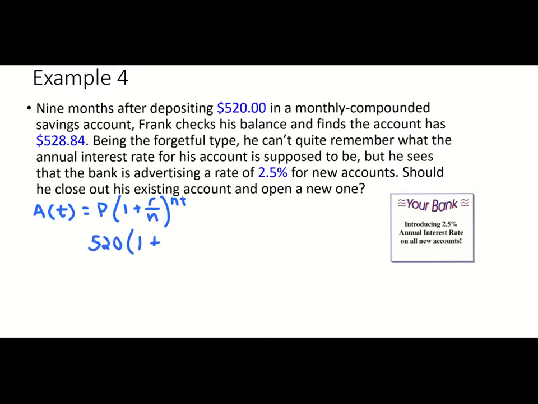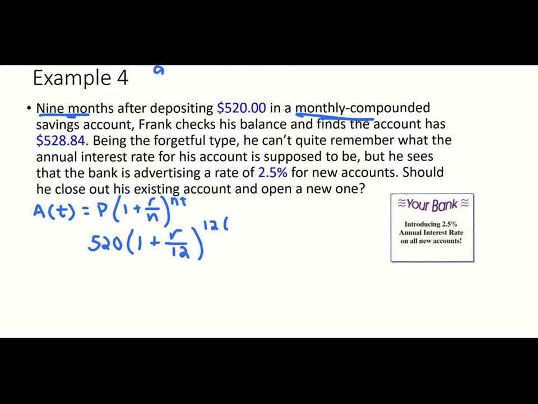And let's see here. I need to find the rate, so we're going to leave our R there. N, the number of times compounded. It is monthly compounded, so that's 12 times a year. And when we do our NT power up here, N is 12. Now T is always in years. We have 9 months. So again, I said before, you have to convert it to years.